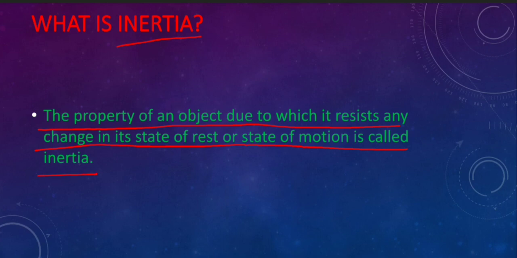When you are sitting in a car or bus, if the vehicle turns left, you automatically turn right. This is because of inertia. Our body resists the change of rest or change of motion, and this property of an object is called inertia.